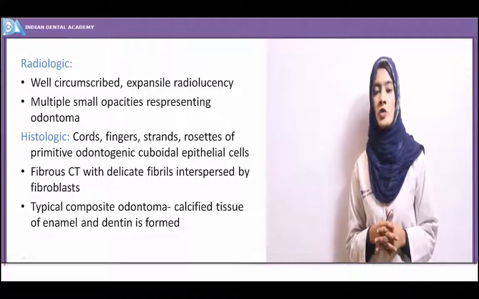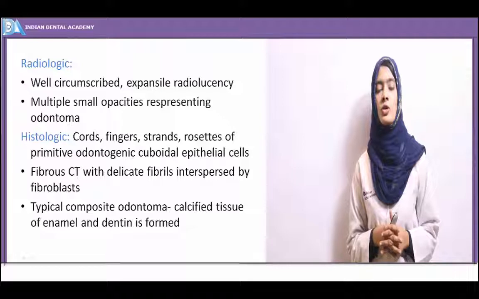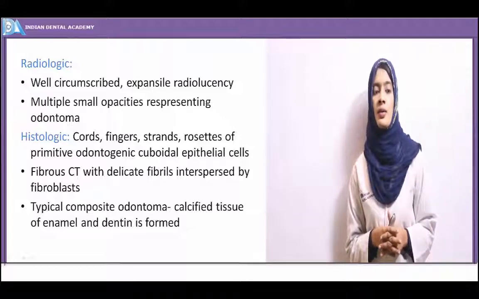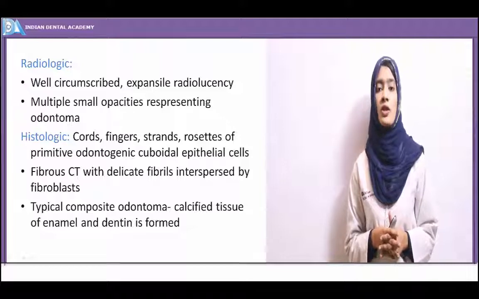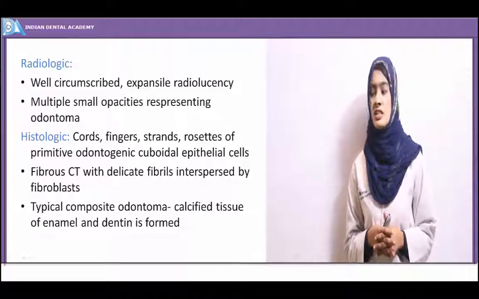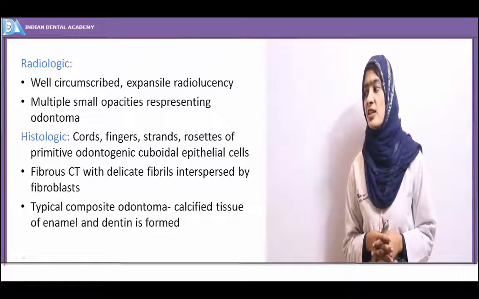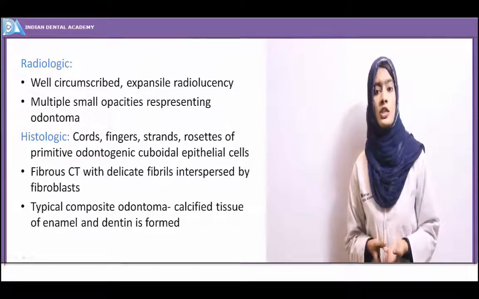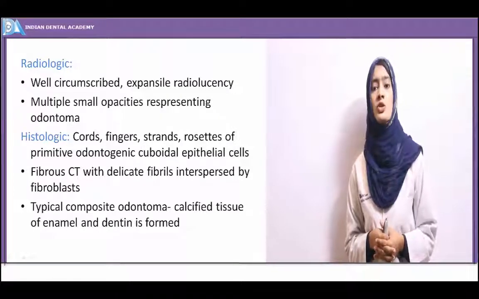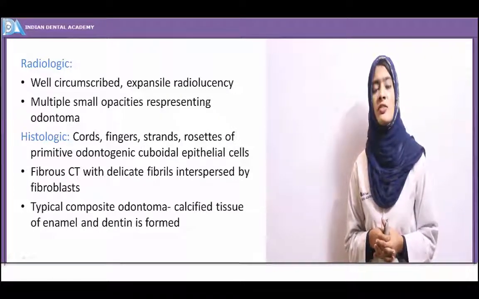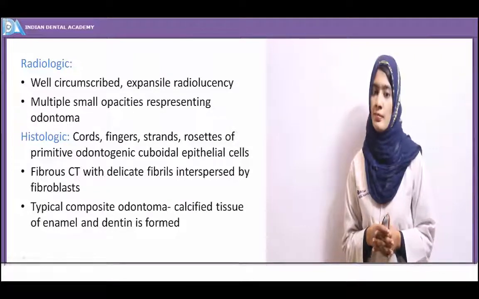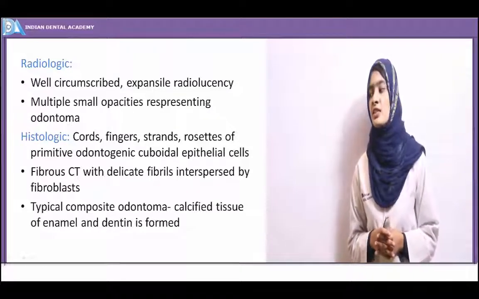When you see the microscopic picture of ameloblastic fibroodontoma, epithelium is seen. Again, the ameloblastic epithelium is arranged in the form of cords or sheets or rosette-like, long finger-like strands, having odontogenic cuboidal epithelial cells. Again, the mesenchymal connective tissue, that is the fibrous connective tissue, is seen, interspersed with many delicate intertwining fibrils, and the presence of fibroblasts is characteristic here.